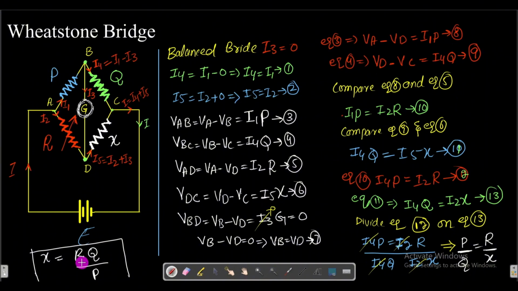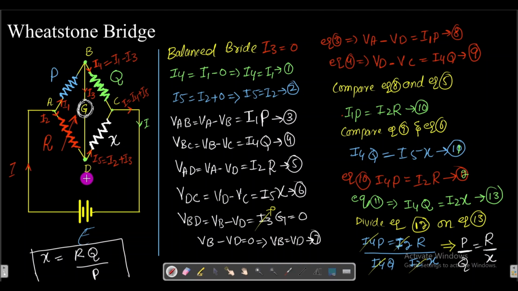If we multiply the values of resistors R and Q and divide that by P, then we will find the value of this unknown resistor, which is labeled here as X. So this was the aim of the Wheatstone bridge.